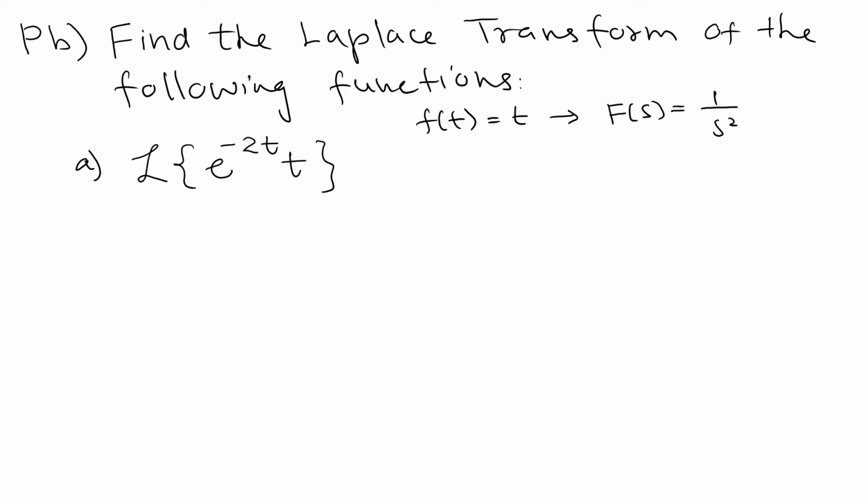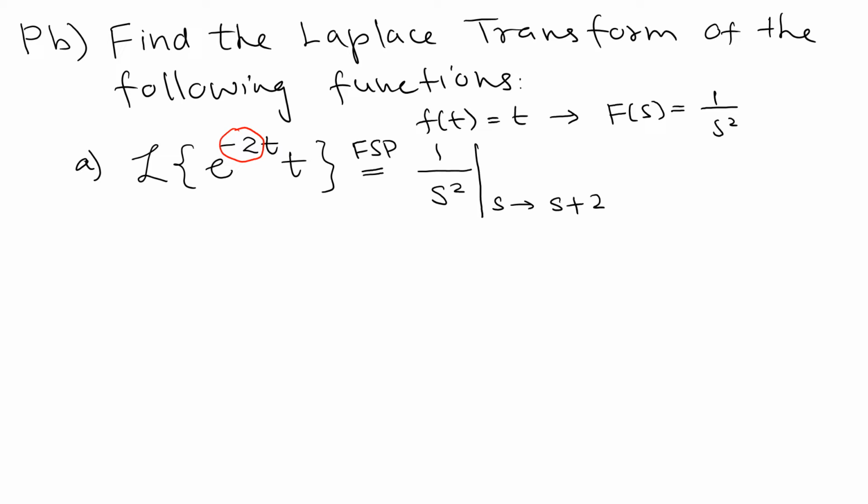By the first shifting property, we first write the Laplace transform of the original function, which is 1 over s squared, and then we replace s by, since we have a negative, you switch the sign, s plus 2.